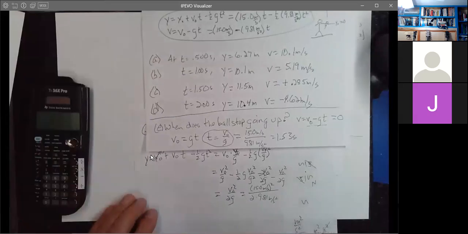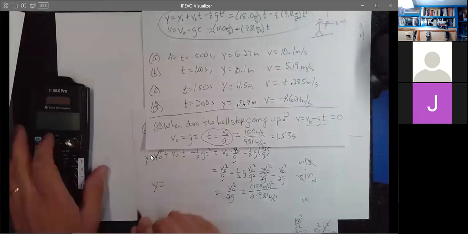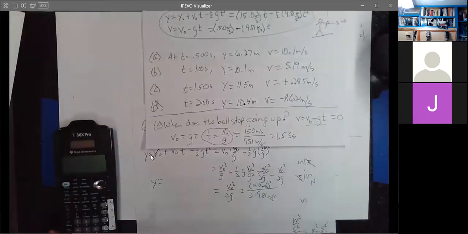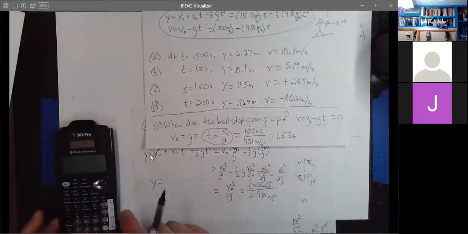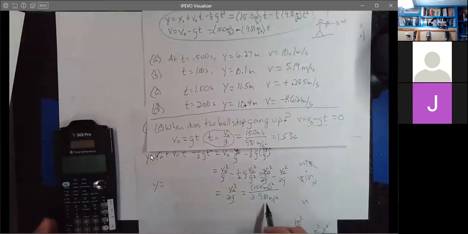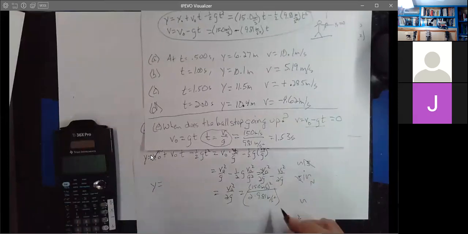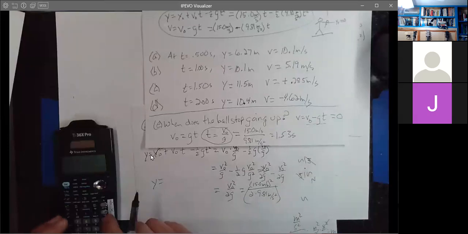So whatever it happens to be, y is equal to 15 squared. Turn on your calculator first, clear, 15 squared divided by, have to wrap that bottom in parentheses to put it in my calculator, 2 times 9.81.